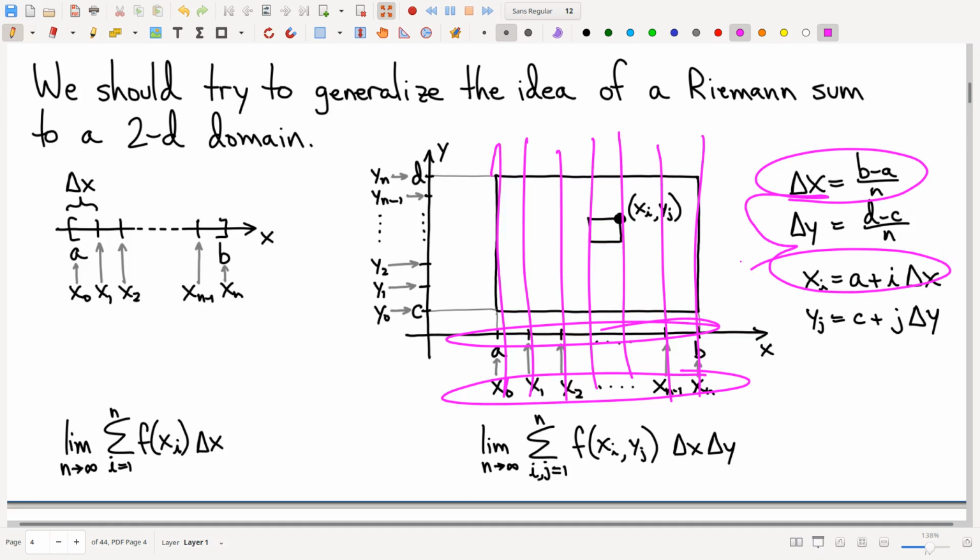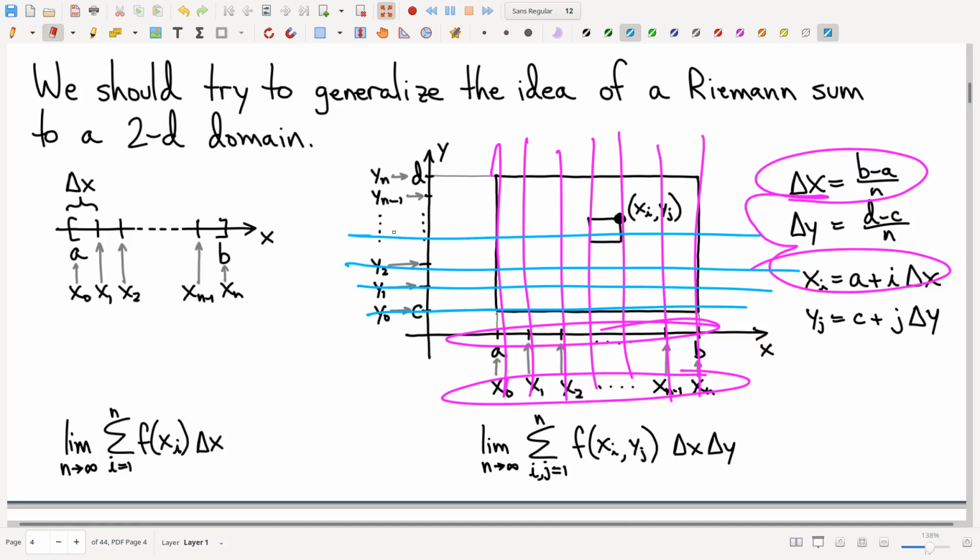That's old news, right? Y'all have seen that before, long ago. But now we just also have to slice perpendicular to the y-axis.